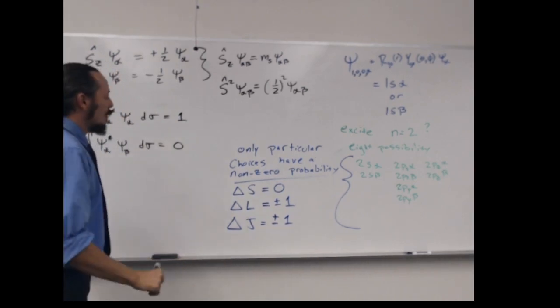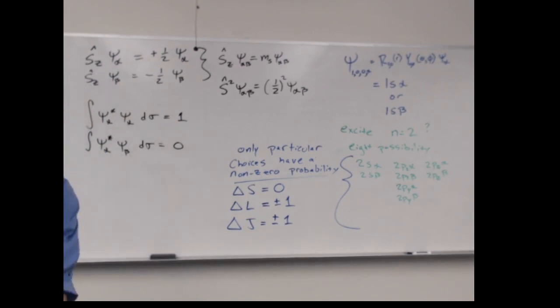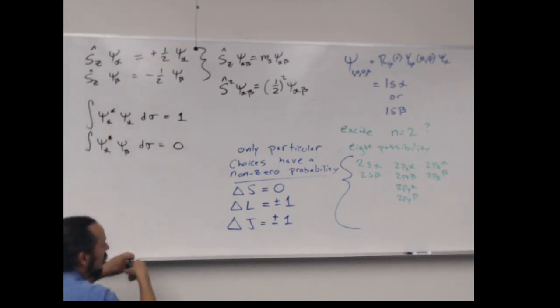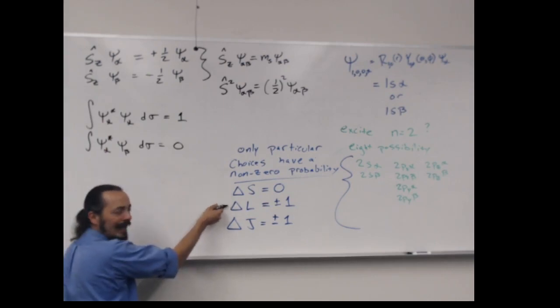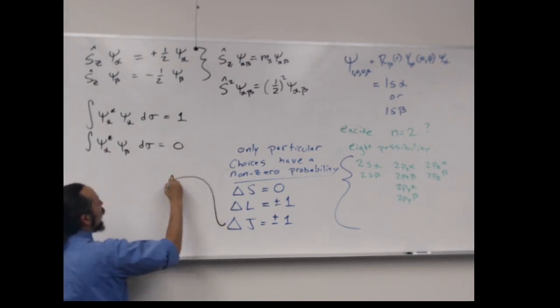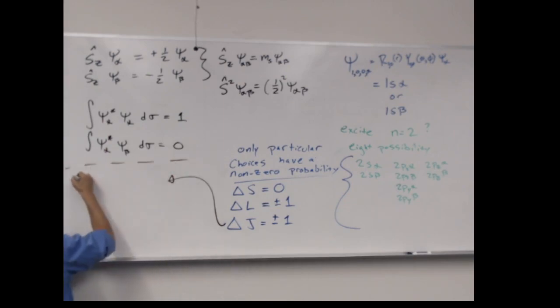Right, so it turns out when we're looking at this, delta J, now that we've got spin angular momentum and orbital angular momentum, we need to talk about how those two things come together.